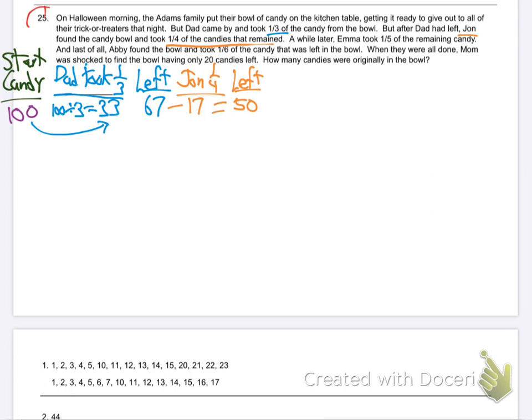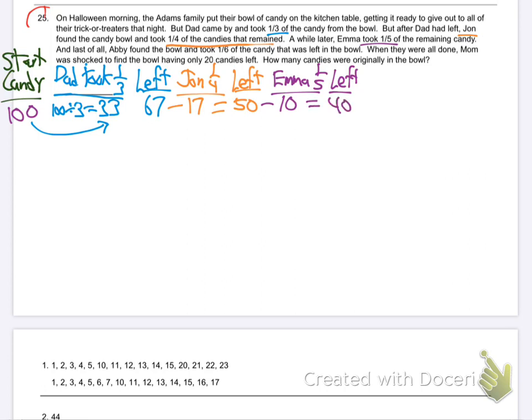Who comes after John? Emma took 1/5. So divide by 5, and that'll be 10. And what's left after Emma's done? Subtract that. 40 are left.